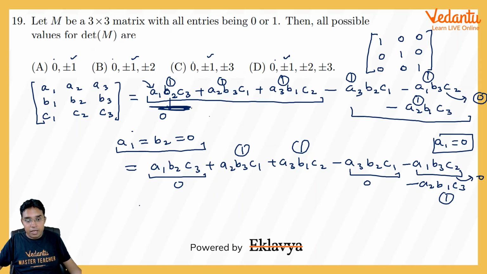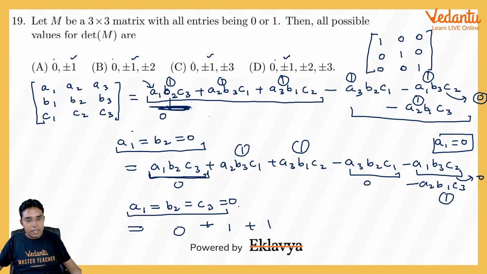Now, same way, if you make A1, B2 and also C3 to be 0, in this case also you can check, my first term will be 0, this one. These two terms will be 1, 1 because I have made these 3 to be 0, other 6 are 1 only.